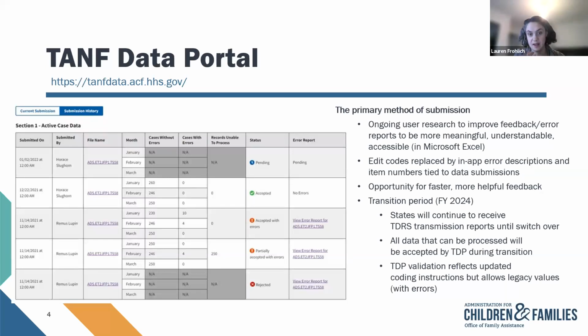As opposed to getting them through email, these are going to be in app. You'll eventually get an email alerting you that they're in there, but they're designed to be more plain language, understandable, accessible, in a Microsoft Excel file that you get through this portal. Those nonsensical edit codes in some cases are being replaced by descriptions that mean something, tied back to item numbers. This is an opportunity for faster and more helpful feedback.